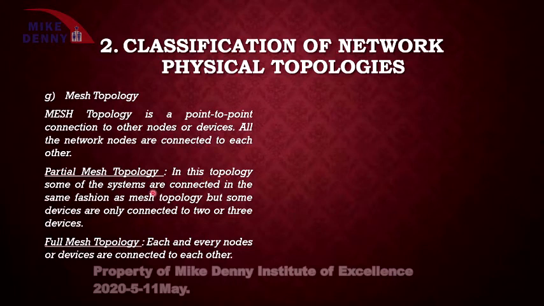In this topology, some of the systems are connected in the same fashion as mesh topology, but some devices are only connected to 2 or 3 devices, no more. And we have the full mesh topology. Each and every node or device is connected to each other.